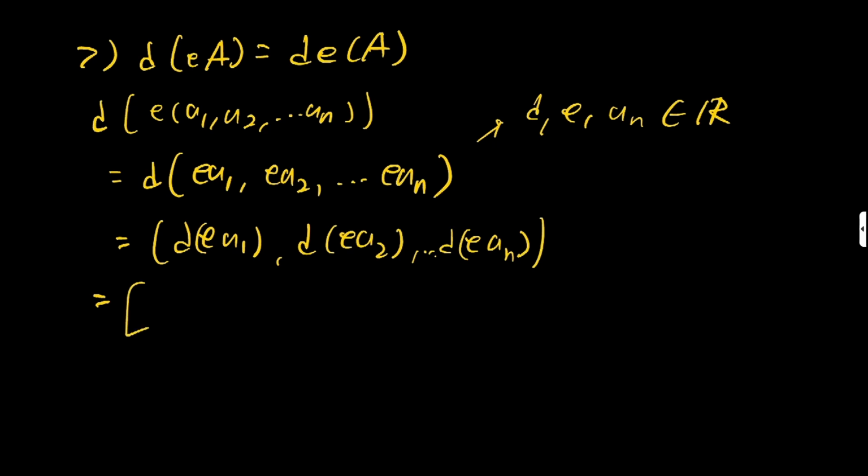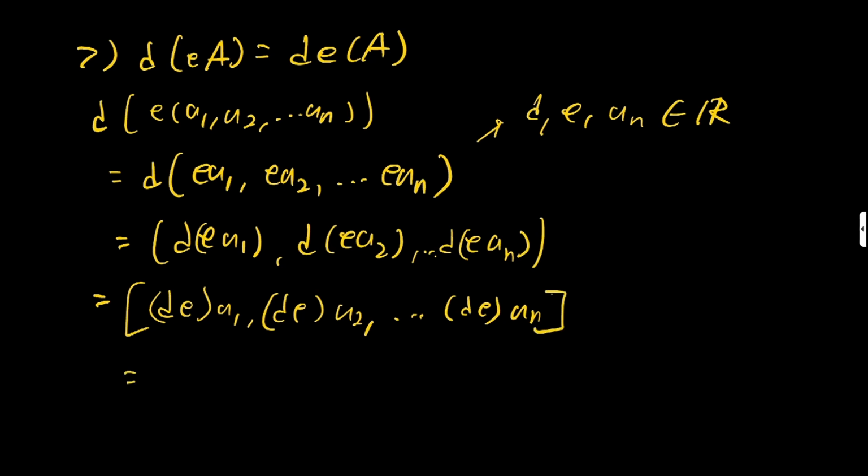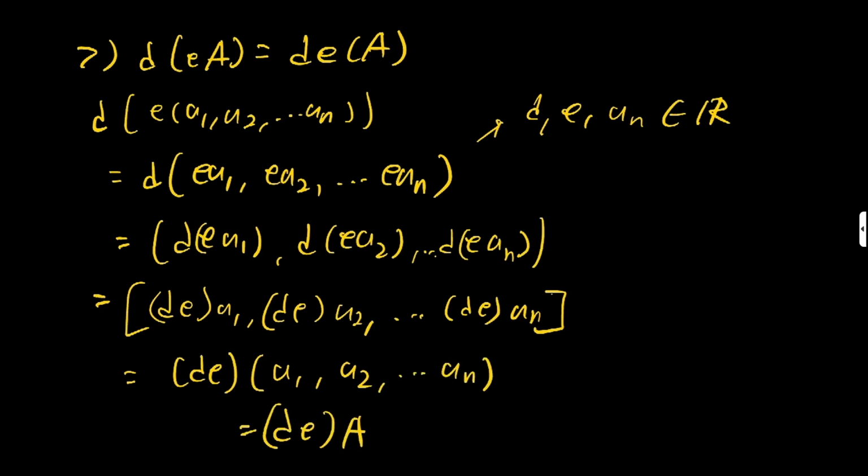So this is the same thing as (DE A1, DE A2, ..., DE A sub n). And of course, you can naturally see how this is just going to turn out. We can now factor out a DE from the entire thing, and this is just DE times A. So we're good to go.